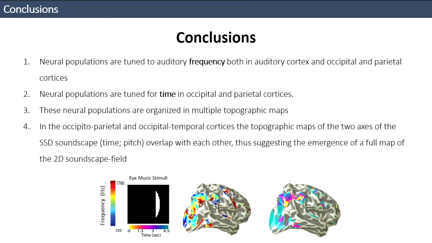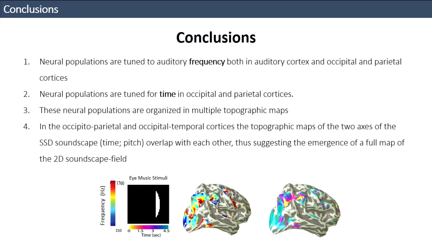So to conclude, in this case study, we find that though MM has no visual experience, when presented with retinotopic-like auditory stimuli, it shows robust activation in visual and multisensory areas. And within these areas, we find topographic maps that correspond to one or the two axes of the soundscape field.